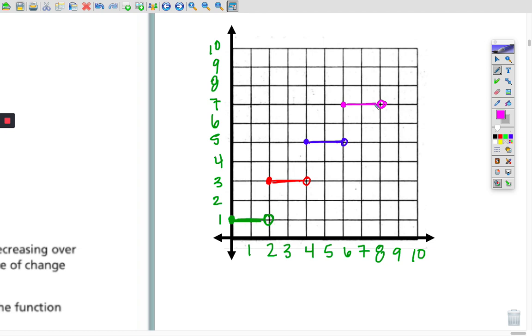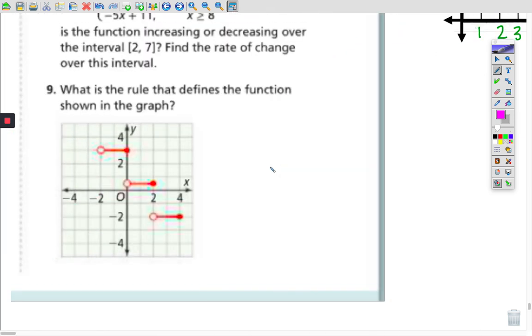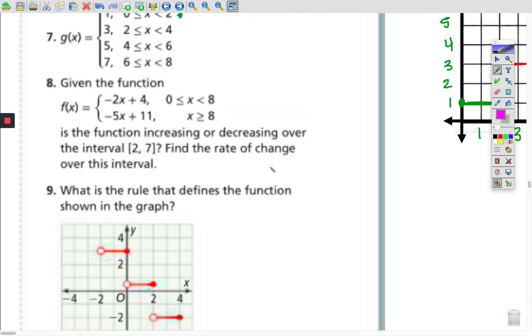Any questions about number 7? Alright, if not, let's take a look at 8.